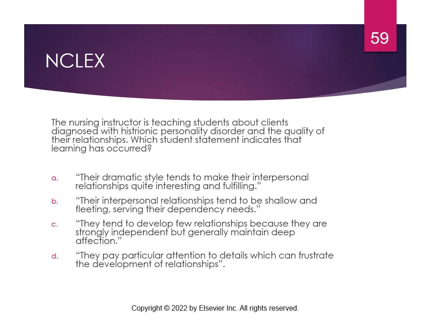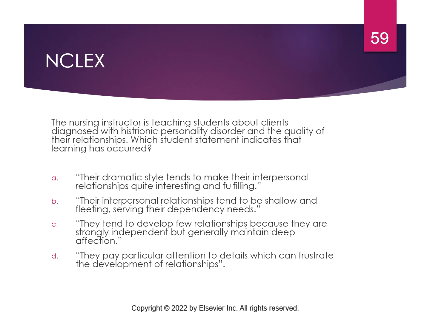The nursing instructor is teaching students about clients diagnosed with histrionic personality disorder and the quality of their relationships. Which student statement indicates that learning has occurred? A, their dramatic style tends to make their interpersonal relationships quite interesting and fulfilling. B, their interpersonal relationships tend to be shallow and fleeting, serving their dependency needs.